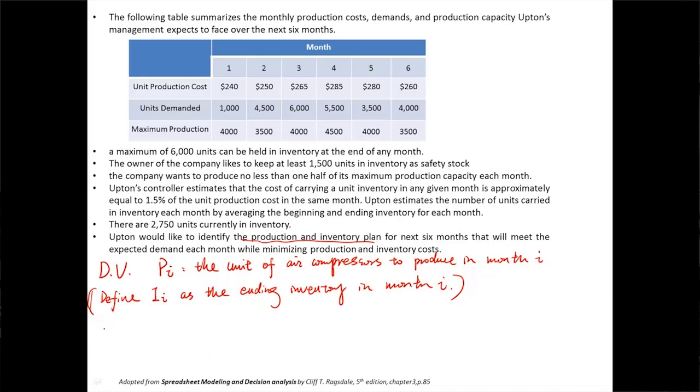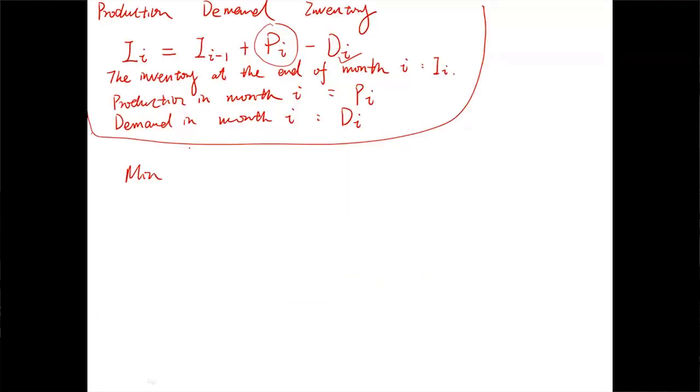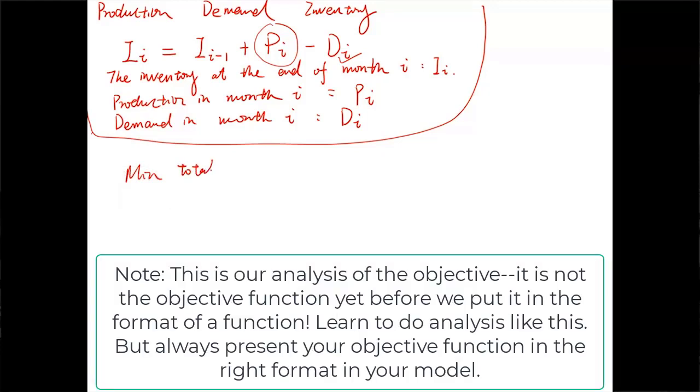Then let's look at the objective function. We know that we want to minimize the production and the inventory cost. Here I'm not writing the function yet. So we want to minimize total production plus inventory cost. Production cost is easy.